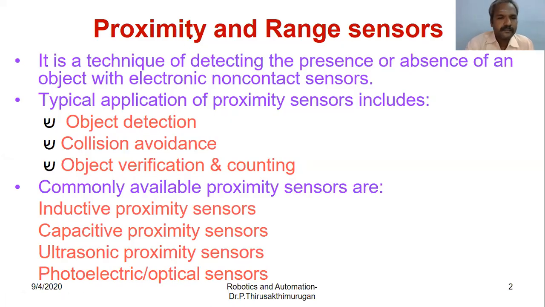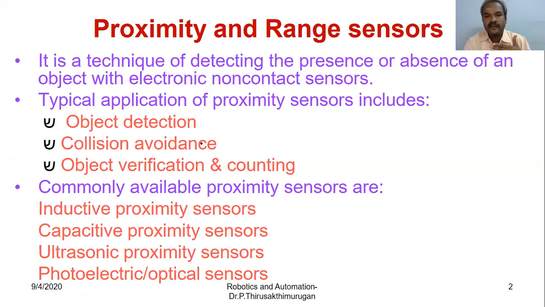Mainly these sensors are used for object detection and collision avoidance. So in American countries, all the vehicles are equipped with proximity sensors to avoid collision.